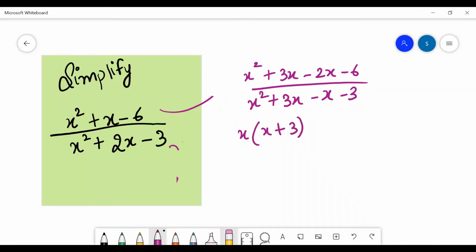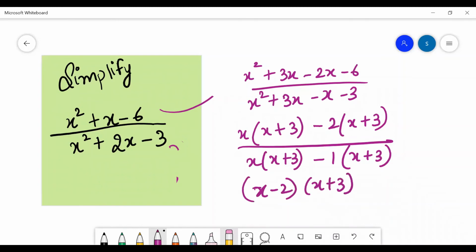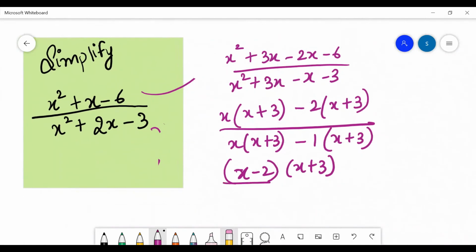So it will be x into x plus 3 minus 2 into x plus 3 divided by x into x plus 3 minus 1 into x plus 3, which further can be condensed into x minus 2 into x plus 3 divided by x minus 1 into x plus 3.